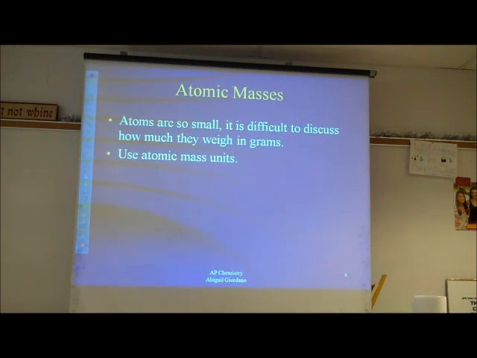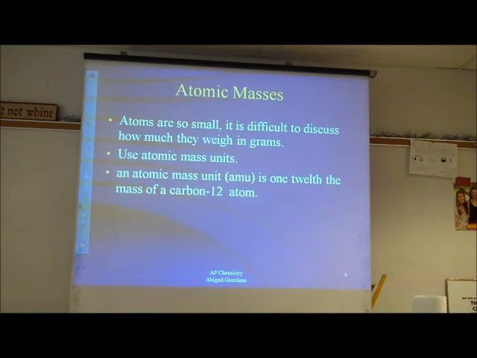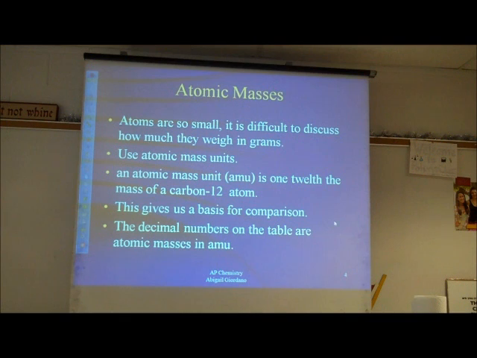It's expressed in units of atomic mass units, AMUs. One AMU is defined as 1/12 the mass of a carbon-12 atom. Okay? We, however, are not going to be dealing with units of AMUs very often, and I'll get to that in a minute of what we will be dealing with.